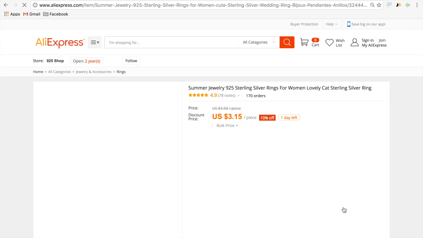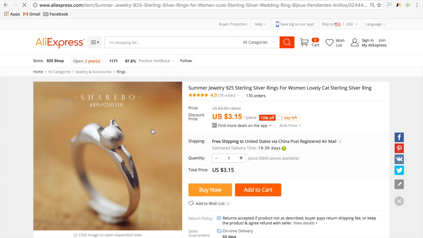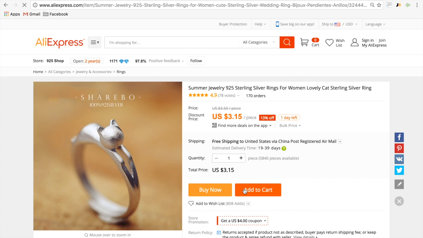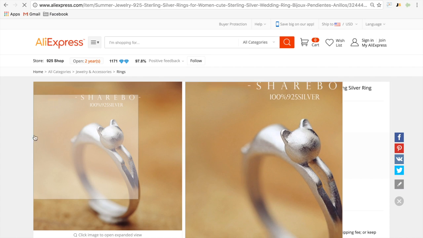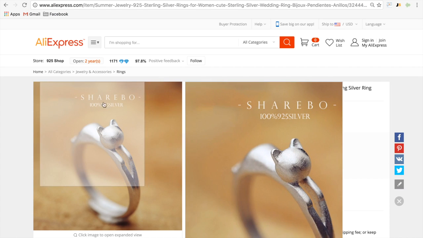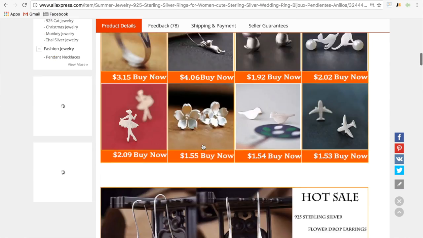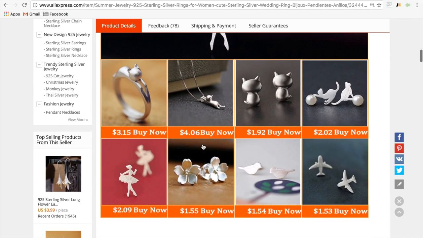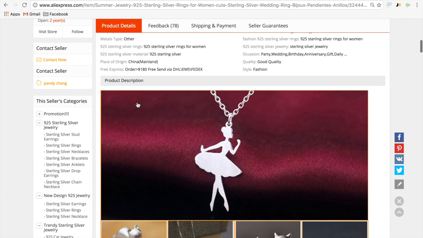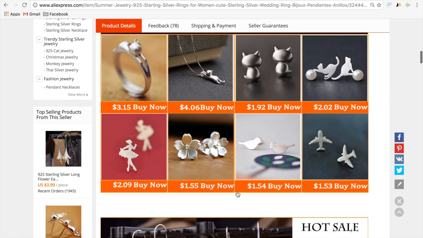Okay, take a look at this ring. Something very nice for sure. I would have to message the seller and ask for another image because I cannot have this little thing here. But again, many orders, good seller, niche related product, high perceived value. But take a look at this. This seller also has different niches, right? Not only the cat niche, has ballet as well.